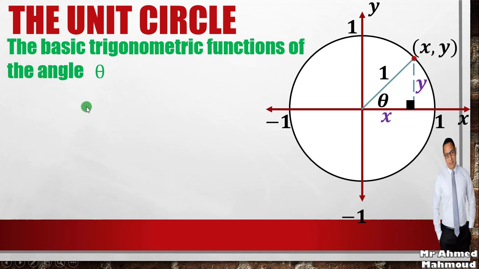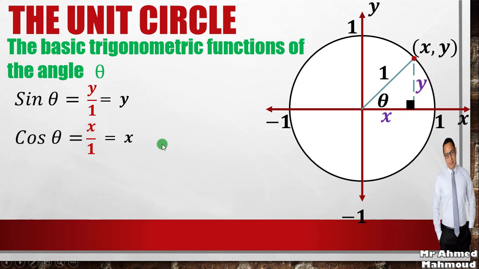Number 1, the sine of theta, which is the opposite over the hypotenuse, which is y over 1, and y over 1 equals y. Cosine of theta, which is adjacent over the hypotenuse, is x over 1, which equals x.